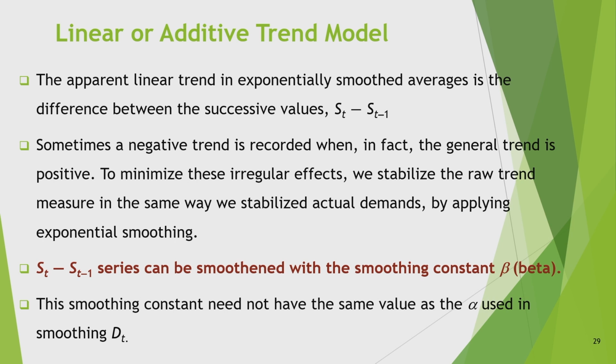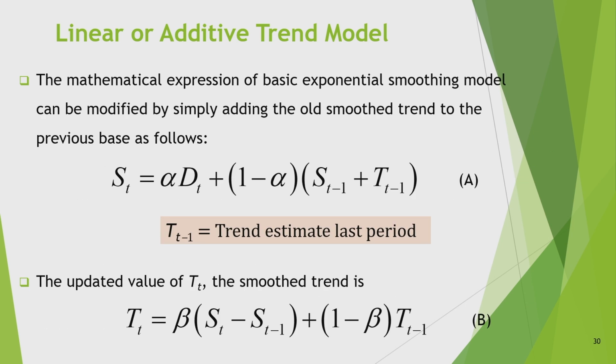This smoothing constant need not have the same value as the alpha used in smoothing dt. So, for example, the mathematical expression of basic exponential smoothing model can be modified by simply adding the old smoothed trend to the previous base as follows.